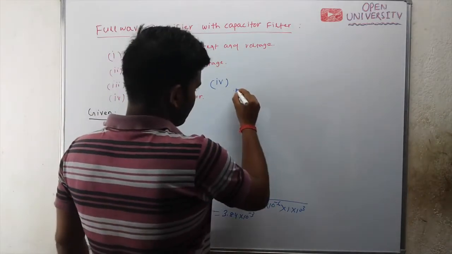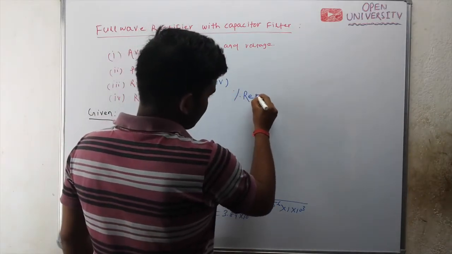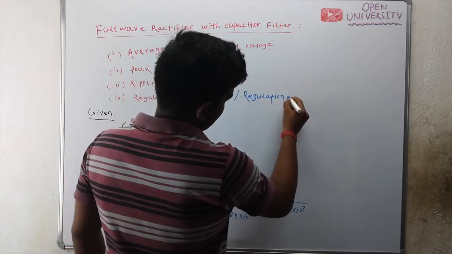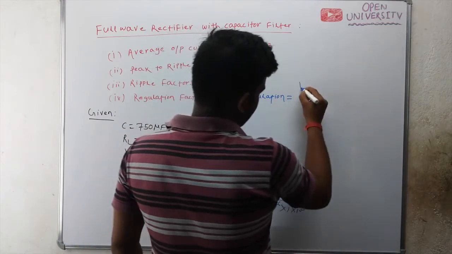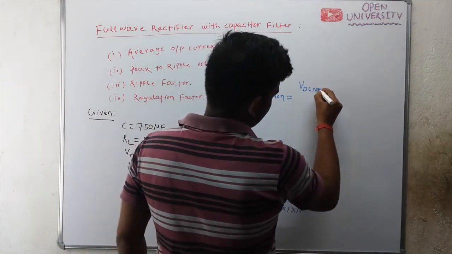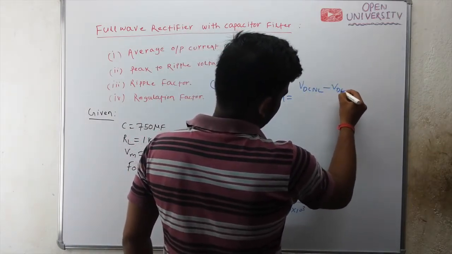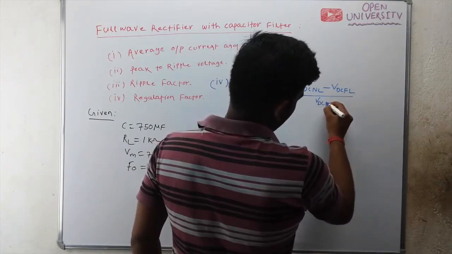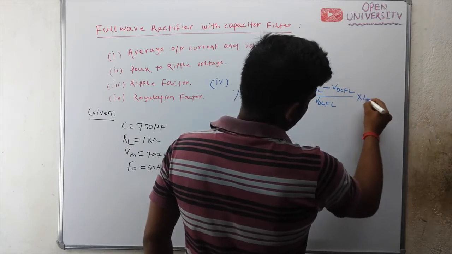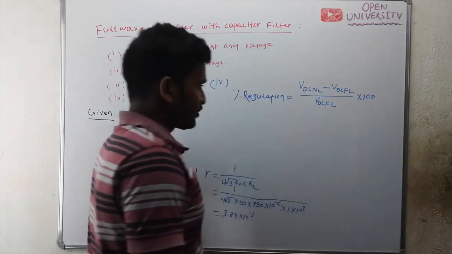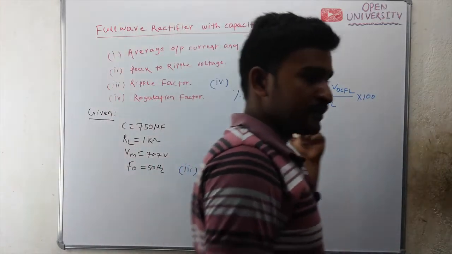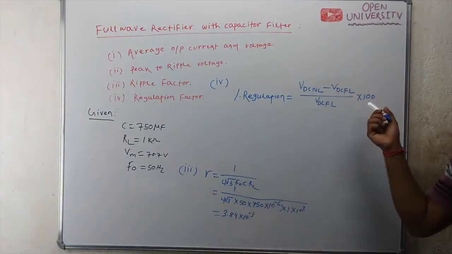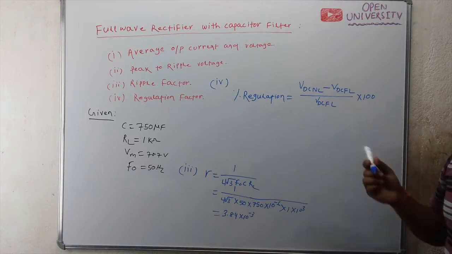So how to get percentage regulation? It is VDCNL minus VDCFL by VDCFL into 100. This is what we studied in the topic of rectifier. Percentage regulation is VDCNL minus VDCFL by VDCFL into 100.